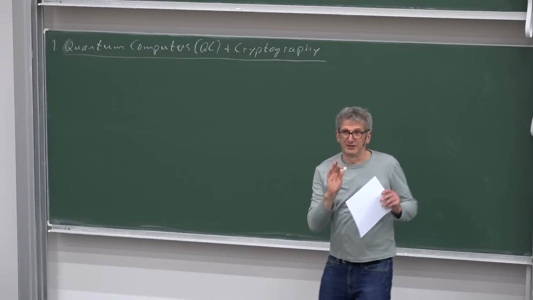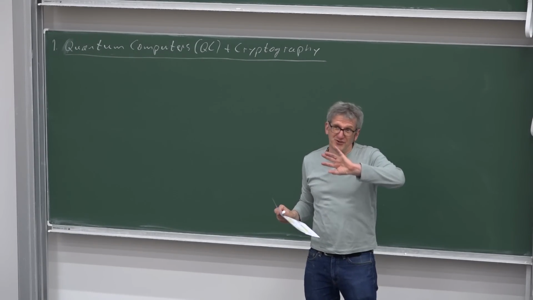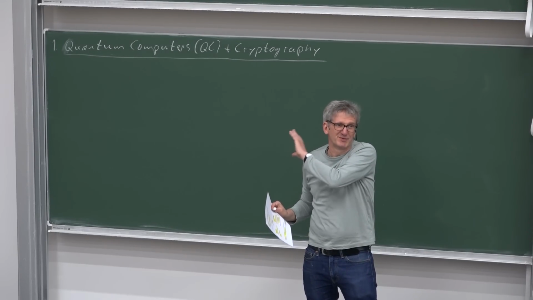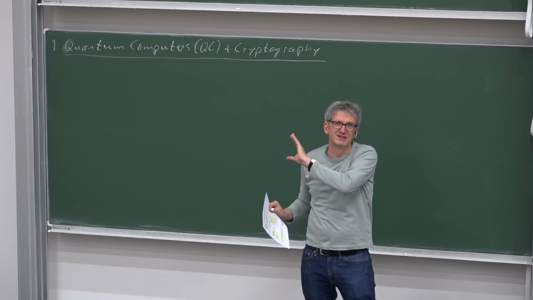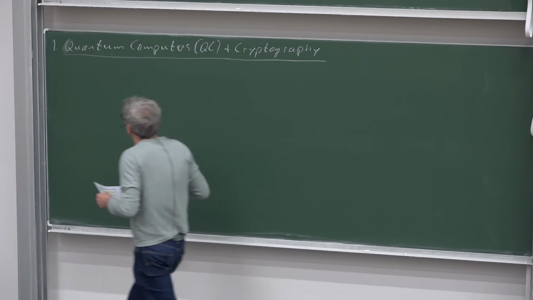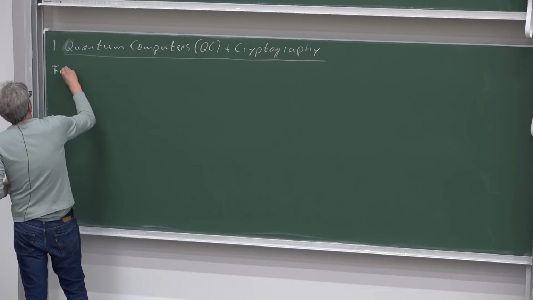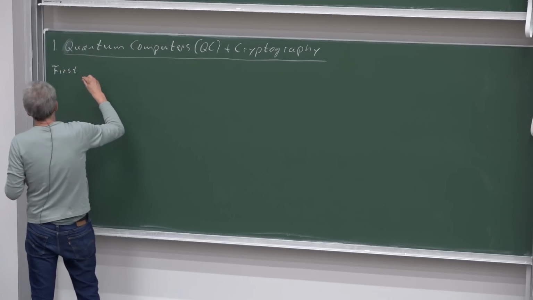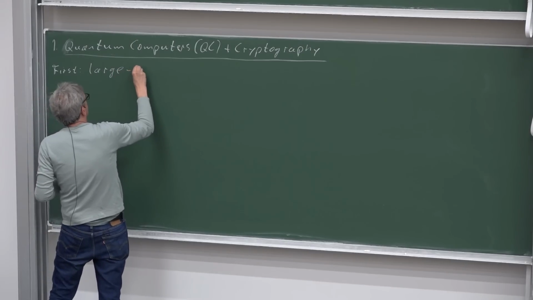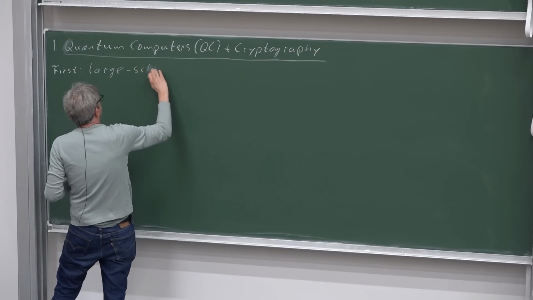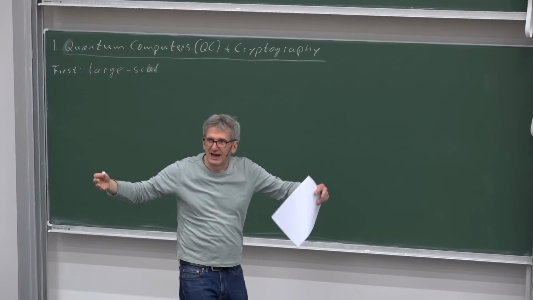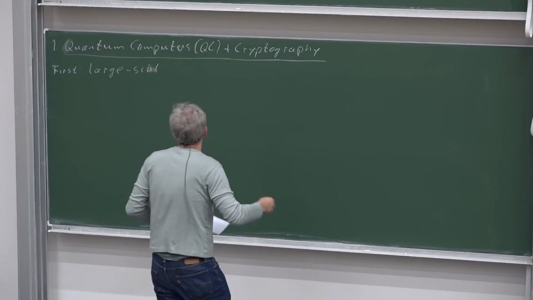If you drop out of the IT security program this evening, just remember what I'm putting on this blackboard. This is very interesting beyond studying IT security or cryptography. First, very important: large scale means quantum computers that are large enough that you can do nice things with them.